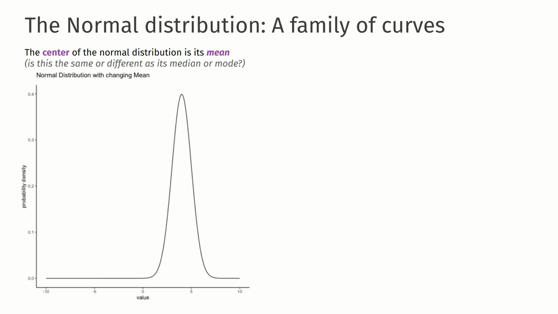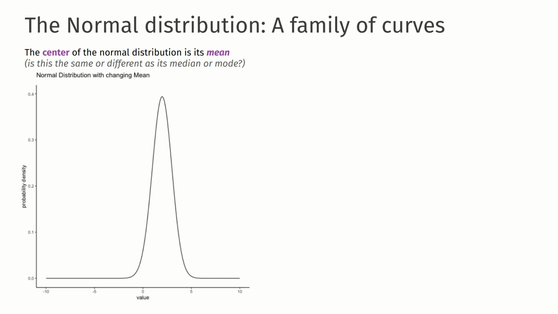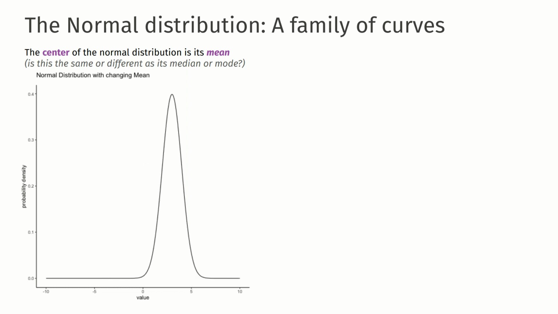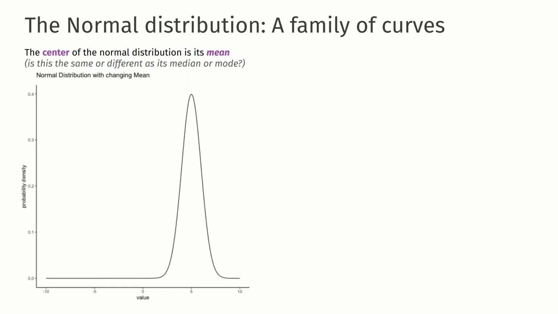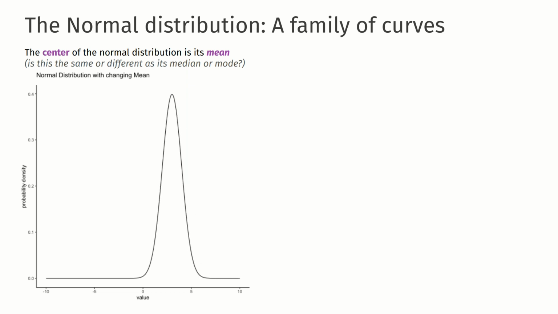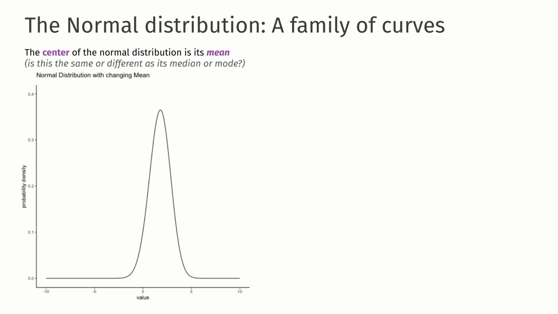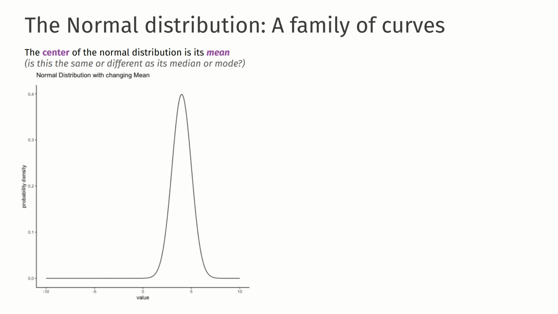Is the mean of the normal distribution the same or different from its median or mode? I'll let you think about that one. To figure out that answer, it may help to think about what the shape of the normal distribution is.